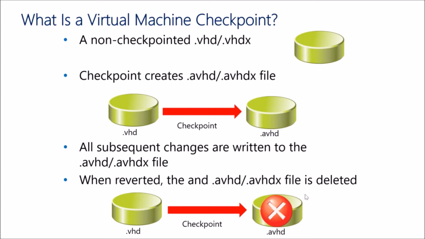In my example, we've got a file server and we've added 100 gigs of data, and we realize we shouldn't have done that, or maybe there's been a problem, but we don't know which files were added. We could just revert to the snapshot or checkpoint, and all of the changes we made since the checkpoint will be deleted. It's like it never happened. I'm sure you'll understand that because we've been working with VMware snapshots all along.